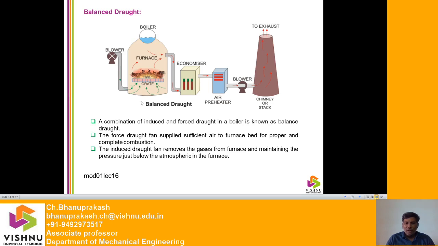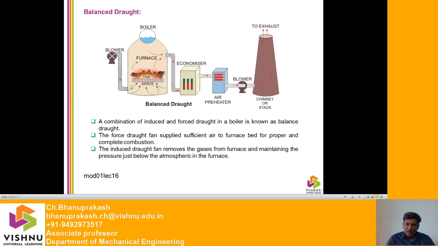A combination of induced and forced draught in a boiler is known as balanced draught. The forced draught fan supplies sufficient air to the furnace grate bed for proper and complete combustion of the entire fuel.